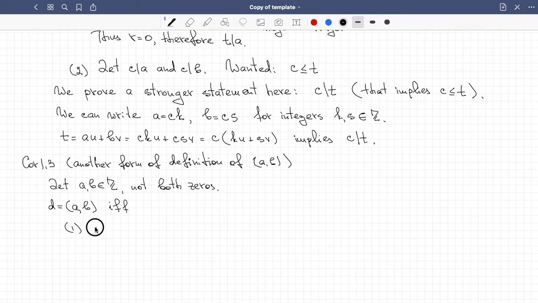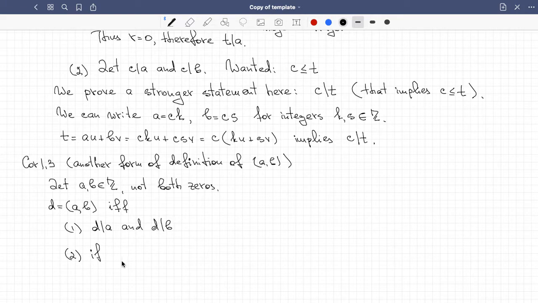The first one, it is a common divisor of A and B. And the second one, instead of saying that it is the greatest, we say a little bit different thing.